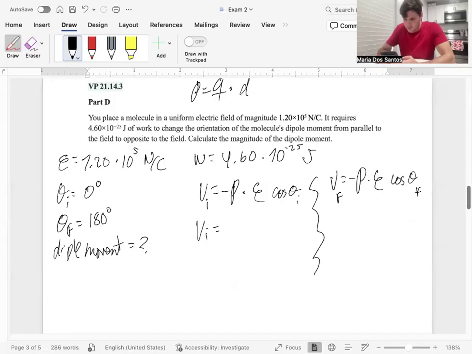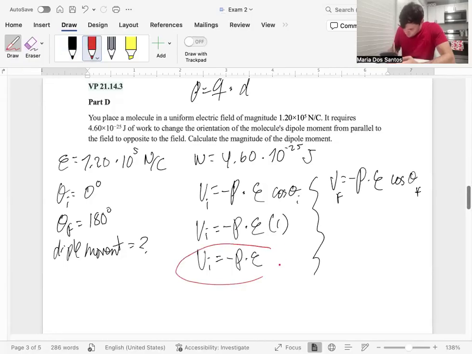Cosine 0 is 1. Potential energy final, cosine of 180, we know it's minus 1.